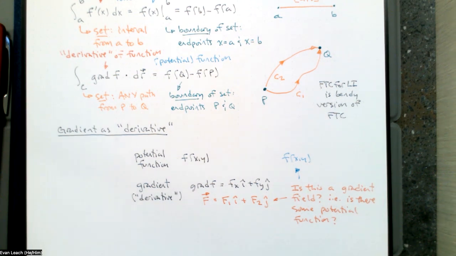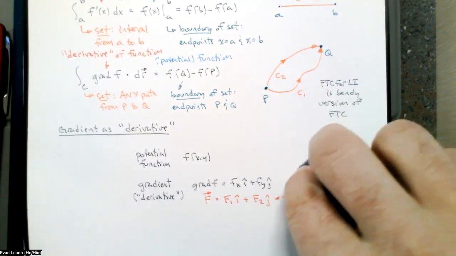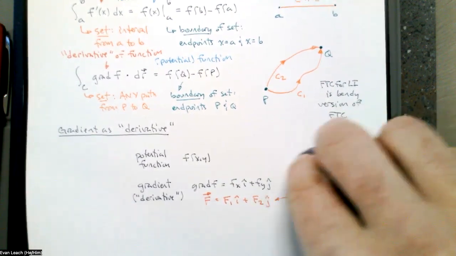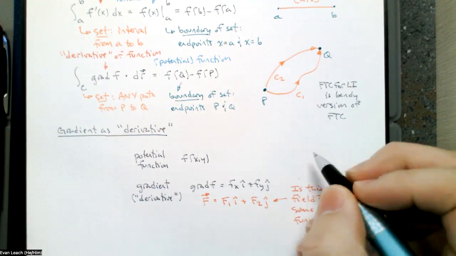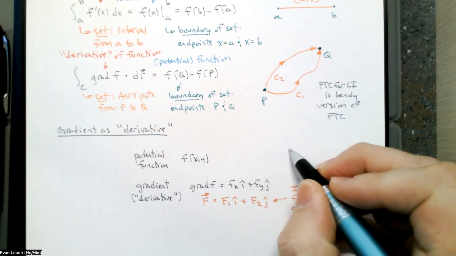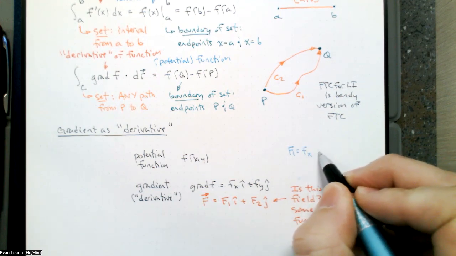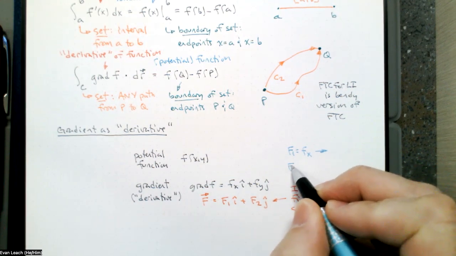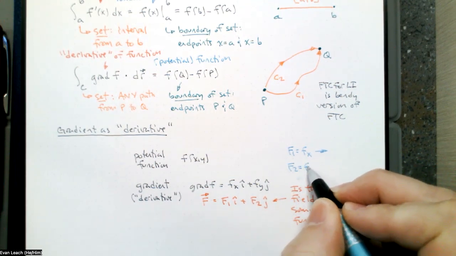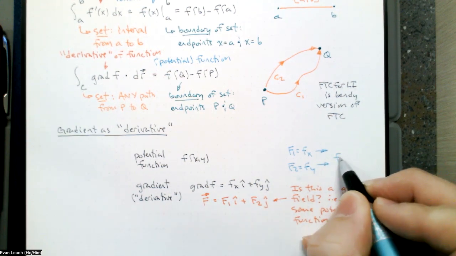Let me write down this guy. So can we take f1 as our partial with respect to x, and use that to find our function f? And if f2 is some partial with respect to y, can we use that to find some function f?